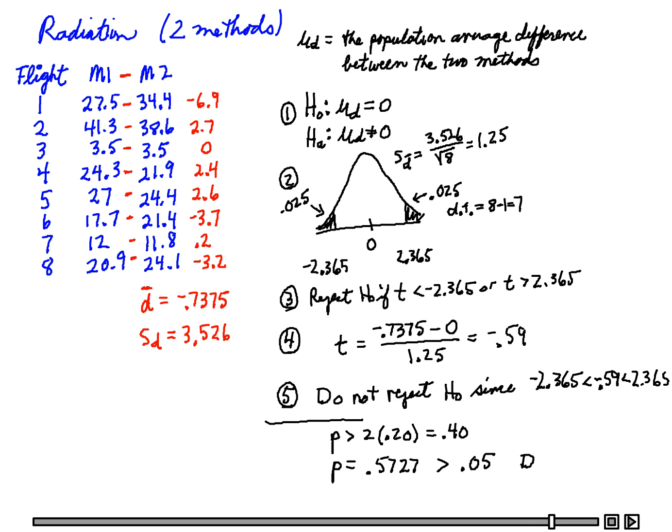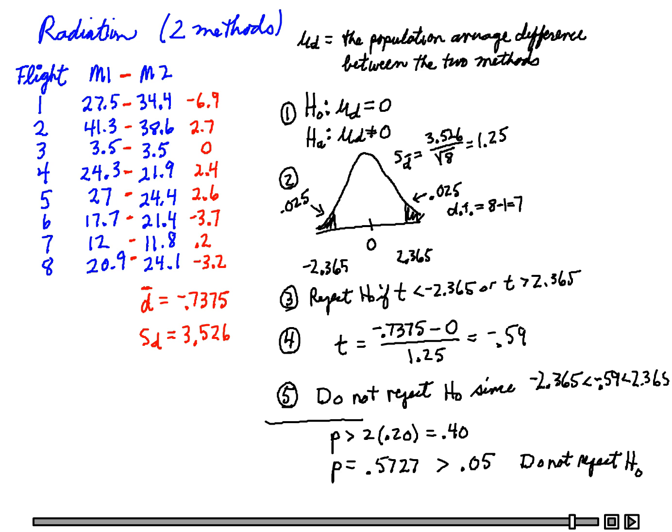So again, do not reject H sub 0. It's too much risk in making a type 1 error. So we are not prepared to say that the null is wrong, and cannot conclude anything really from the test. We can't prove there's a difference in the methods. To avoid type 2 error, we are not going to say that the two methods are equal.